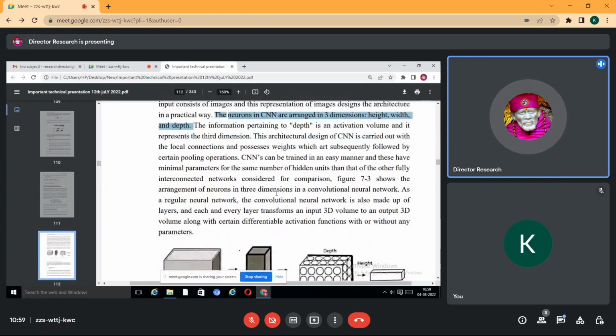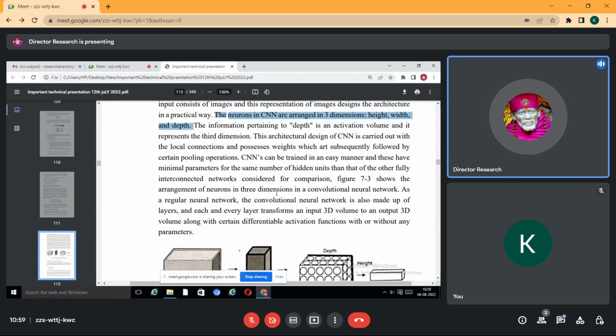The information penetrating depth is the activation volume and it represents the third dimension. The architecture is designed with local connections and possesses weights which are subsequently followed by certain pooling operations. CNNs can be trained in an easy manner, and these have minimal parameters.